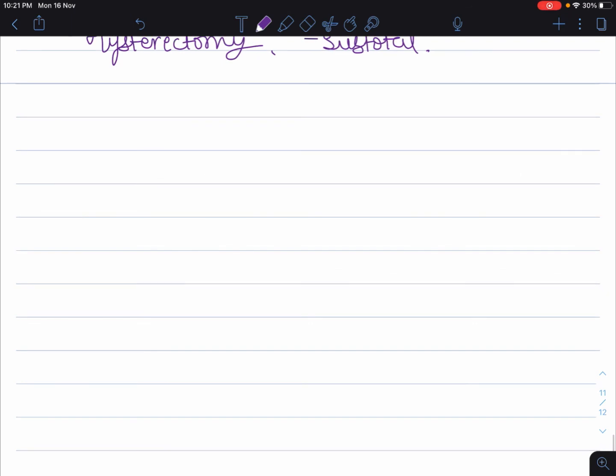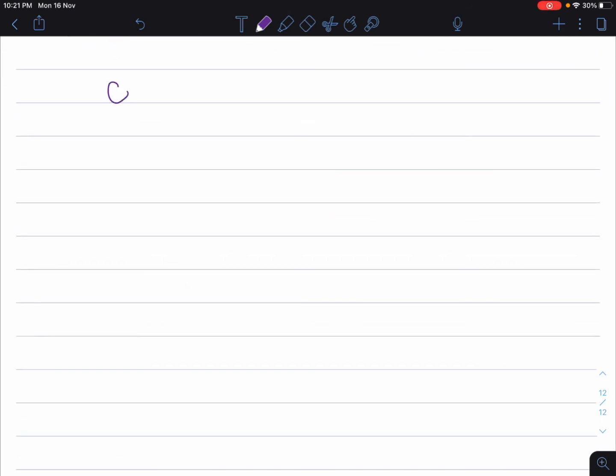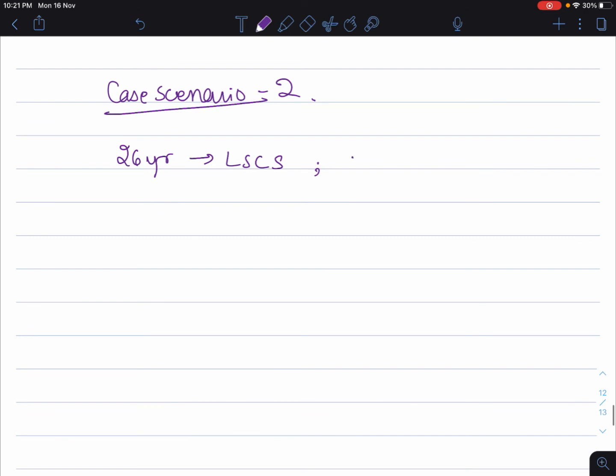So okay, now that we have gone through what is PPH and what is the management, I'd like to give you some more case scenarios besides the one that I discussed in the first part. Supposing a 26-year-old woman delivered her first child by LSCS. You are in the OT, the LSCS is undergoing, and the placenta and membranes are both out, but the uterus is atonic.